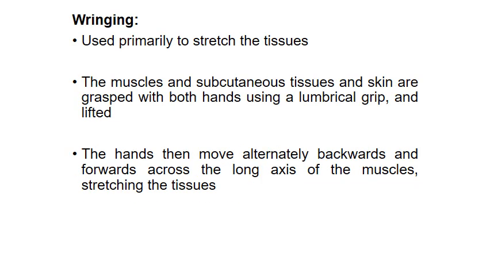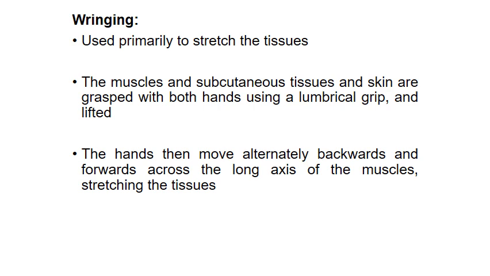Wringing. It's used when you want to stretch the tissues. The muscles and the subcutaneous tissues and the skin are grasped with both hands using that lumbrical grip that I told you about. Google it if you're not sure what the lumbrical grip looks like. And then the tissues are lifted.